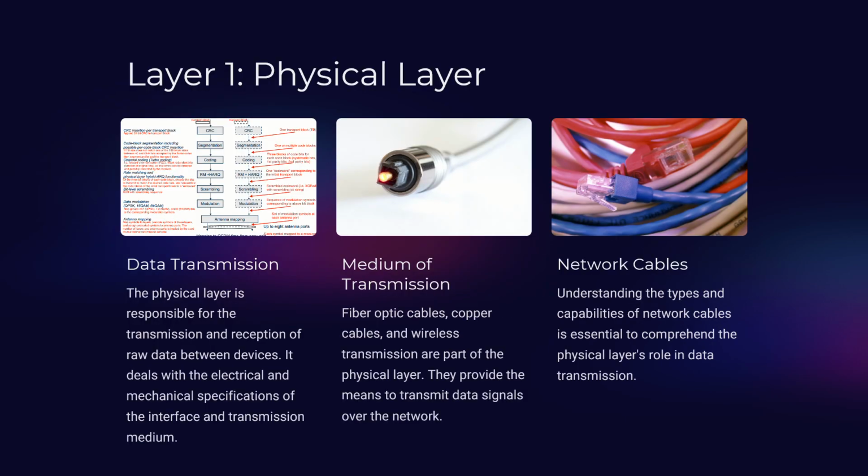The first layer of network communication is the physical layer. So what is the physical layer and what is its importance? The physical layer is all about data transmission. It is responsible for the transmission and reception of raw data between devices.